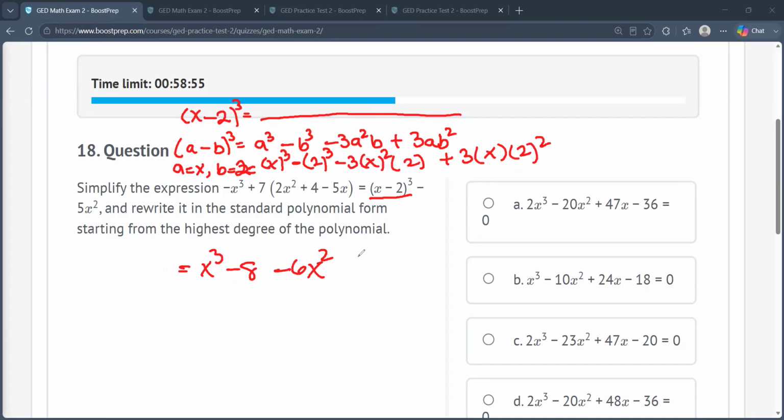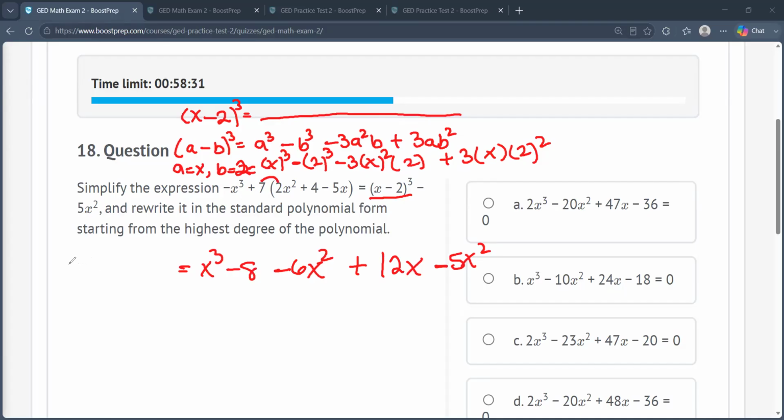And then this is going to be plus 2 squared, 4, times 3, that's 12, so 12x. And then you have a minus 5x squared. And then over here on the left side, what I would do is just FOIL this out. Don't forget about this minus cube. So FOIL that out.